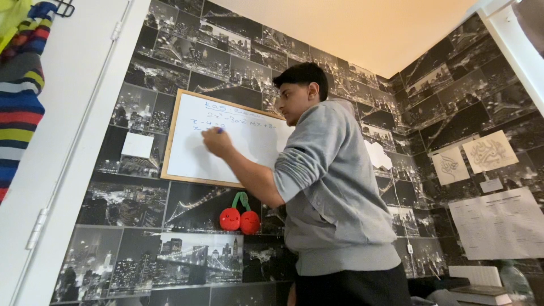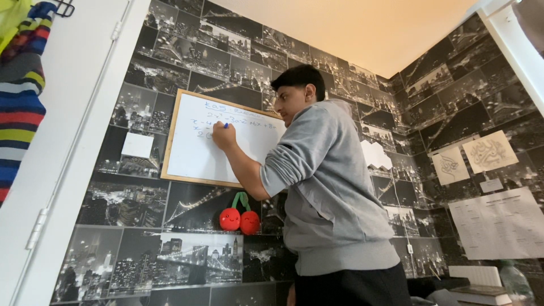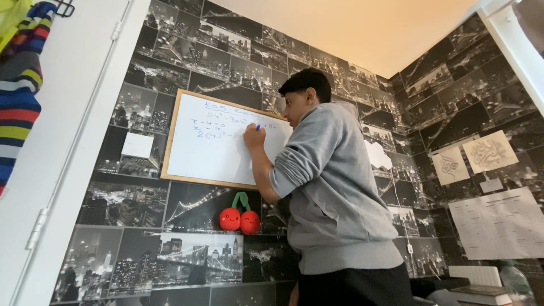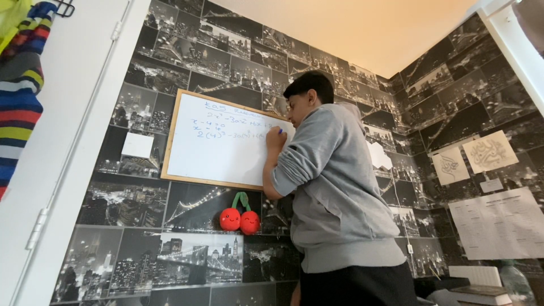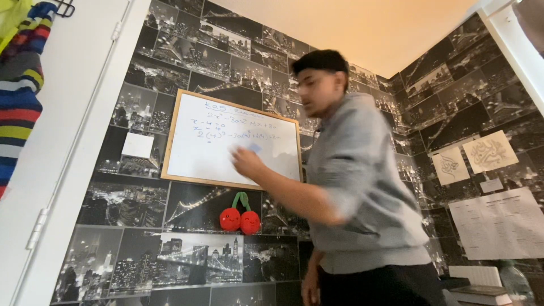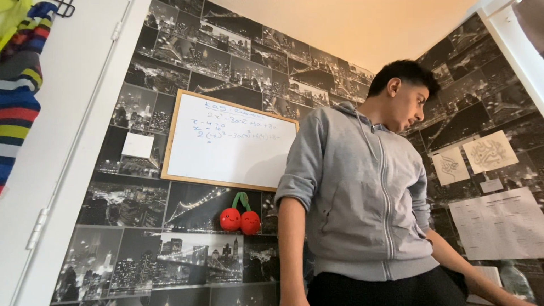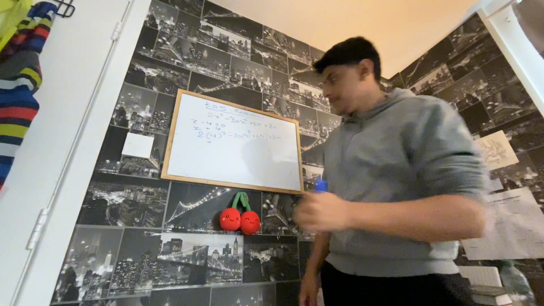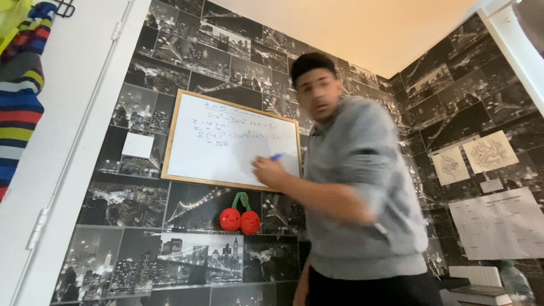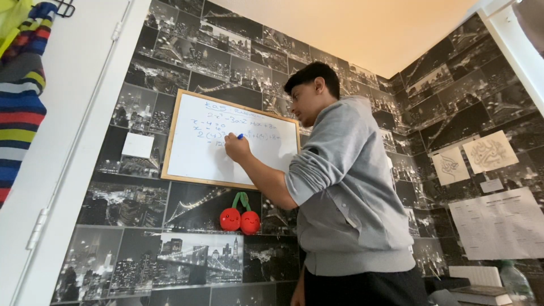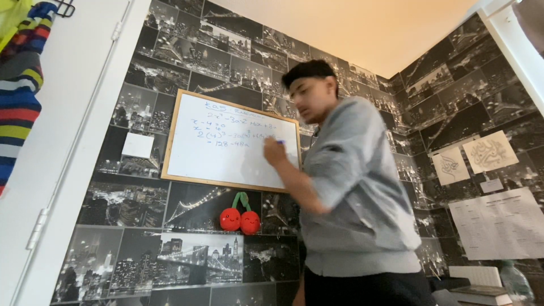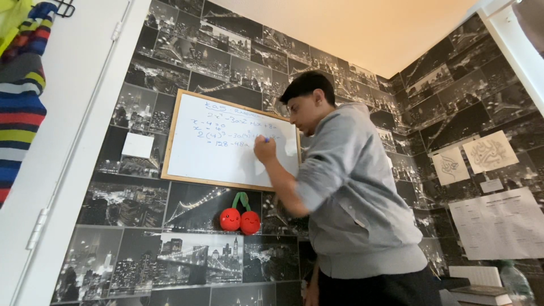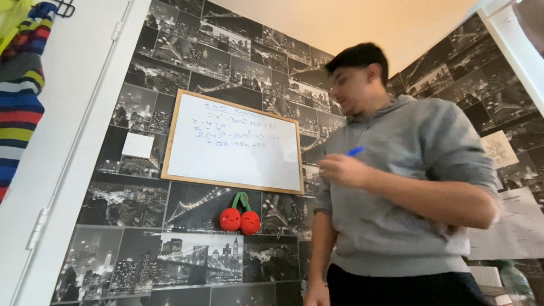And now if we plug in the value of 4 for the x's, 2 times 4 cubed, minus 3a times 4 squared, plus b times 4, plus 8a, we get the value equaling, just going to cheat over here, 128 minus 48a plus 4b plus 8a.